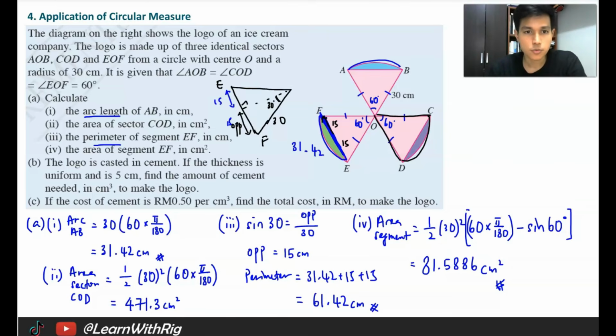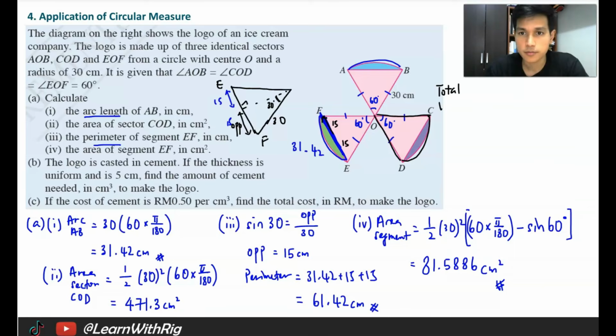Okay, last 2 questions. The logo is cast in cement, and the thickness is uniform and is 5 cm. So the thickness now is 5 cm. Find the amount of cement needed to make the logo. So to do that, you must first find the total area and then times the thickness. The total area, that means in 2D form, of the logo, times the thickness. Actually, just straight away find the total volume.